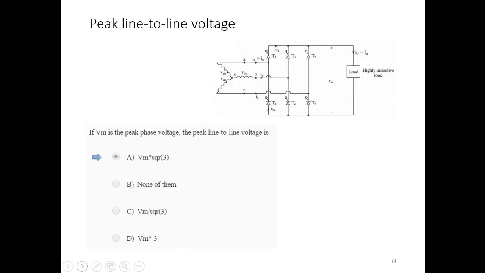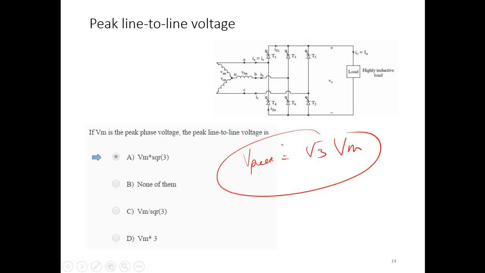The peak voltages would be equal to the peak line-to-line voltages. If you have a three-phase rectifier, the peak line-to-line voltage, the V peak, will always be equal to square root of 3 times Vm. This is the Vm, the line-to-neutral voltage.